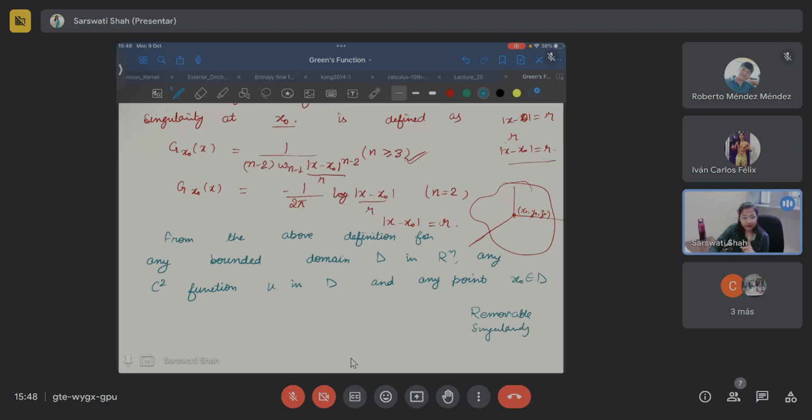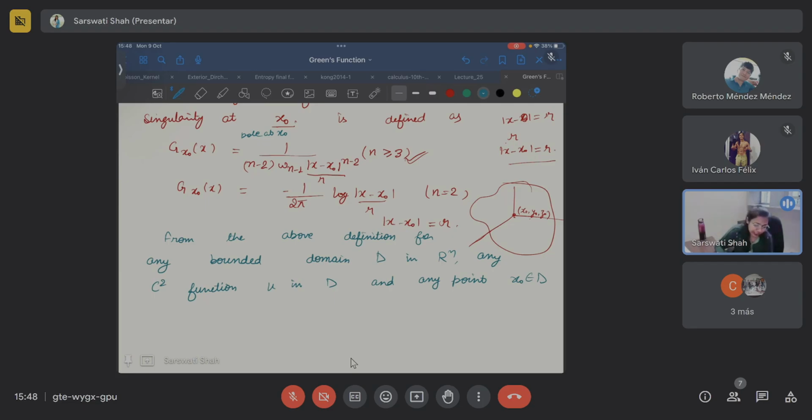So one is the removable singularity. One is pole. Pole is not removable because the function is not defined at the pole, and it becomes unbounded. So this singularity is basically a pole at x naught, because it is not a removable singularity. And there is one other type I don't remember at the moment because I studied it in my master's. Do you know the name of the third? Don't worry about that from here.